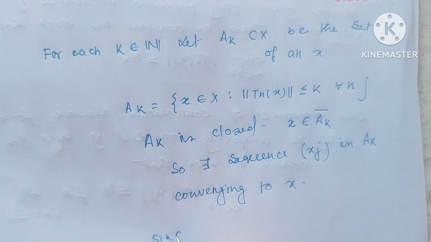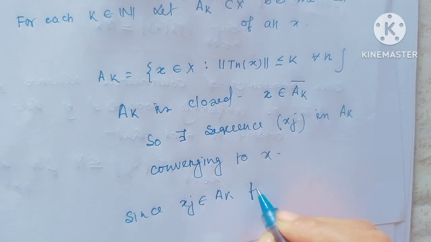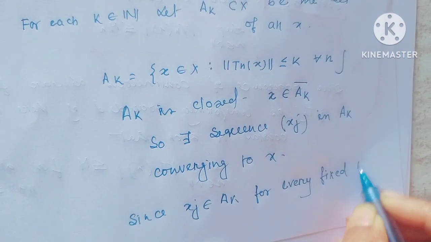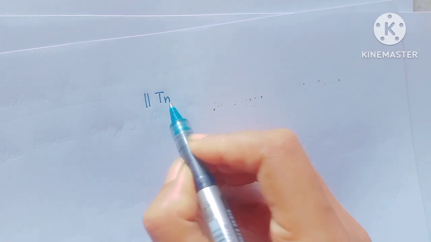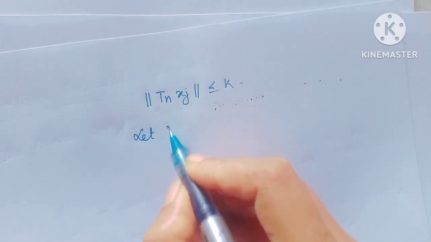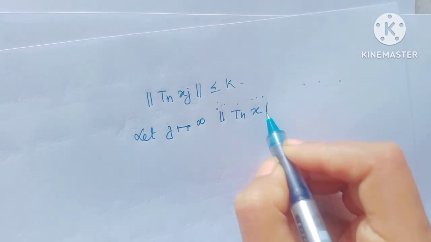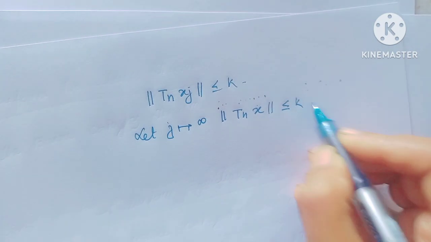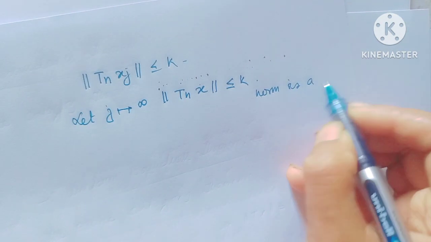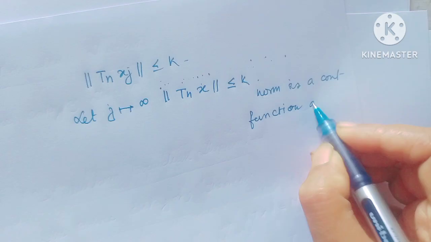Since xj belongs to Ak, for every fixed n, norm Tn xj is less than or equal to k, and letting j tend to infinity, norm Tn x would be less than or equal to k, because the norm is a continuous function and Tn is continuous.